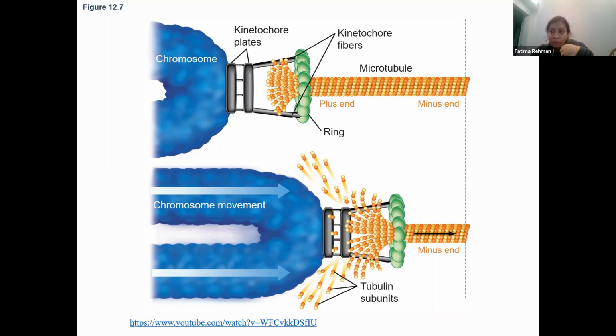So the kinetochore microtubule never actually was touching the chromosome directly, but this interaction was essentially formed with the help of these linker proteins. So that means that end of the microtubule is free to do whatever it wants to do. And that's important because we needed it to have that flexibility, right? So it could continue to elongate or reduce as needed. If it was directly anchored to the chromosome, it couldn't do it. So because this end is open, it's the plus end.